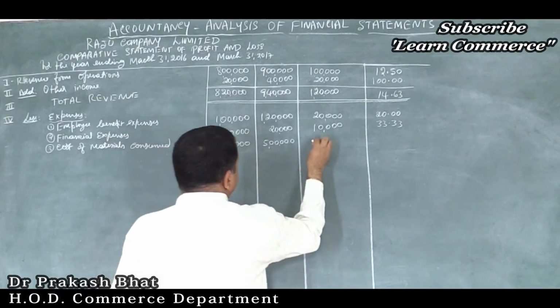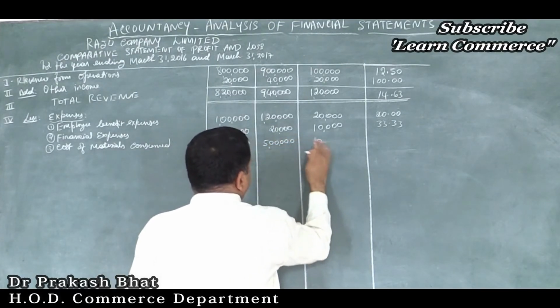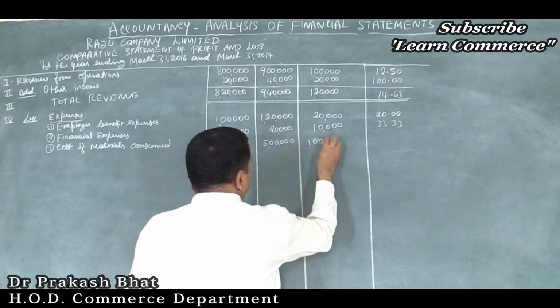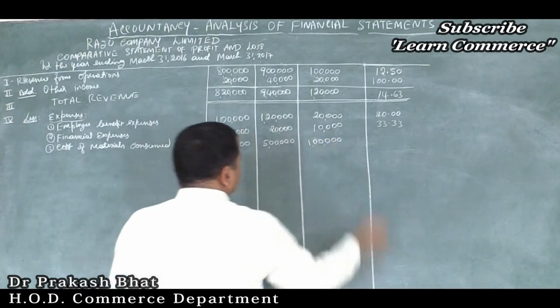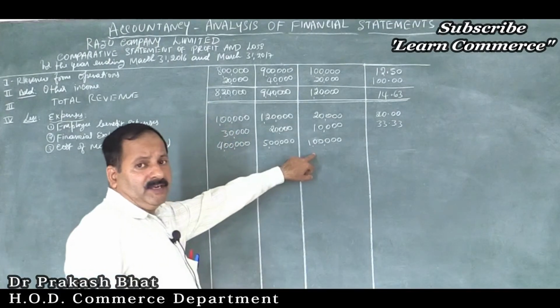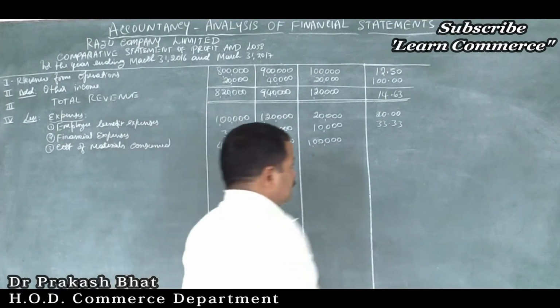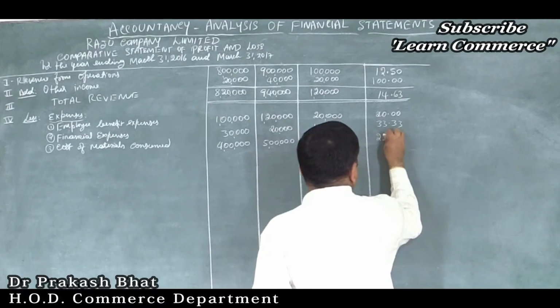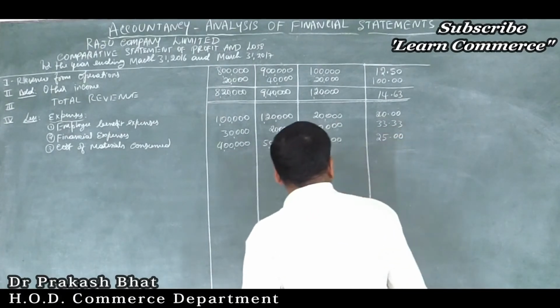So there is an increase of rupees 1 lakh, correct? So for 4 lakh, the increase is 1 lakh. For 100, it is 25%. Is that correct? 25%. Just calculate and check.